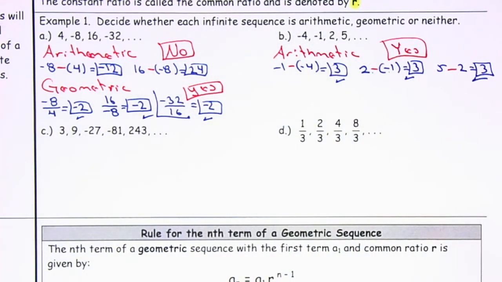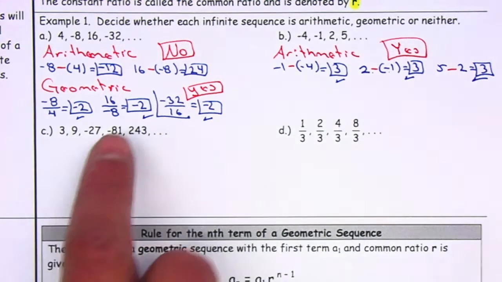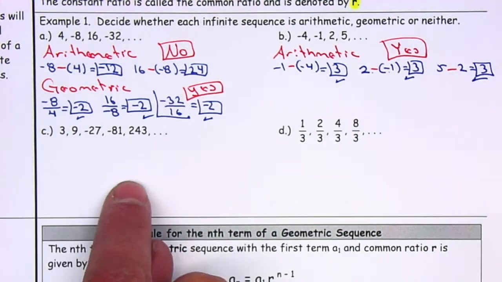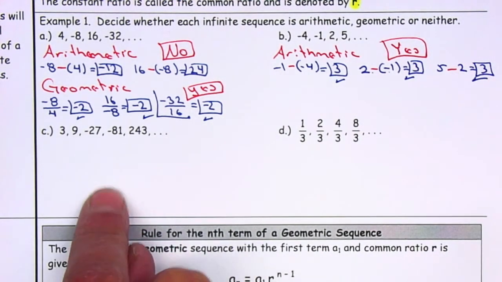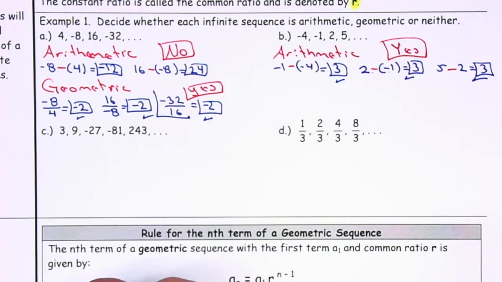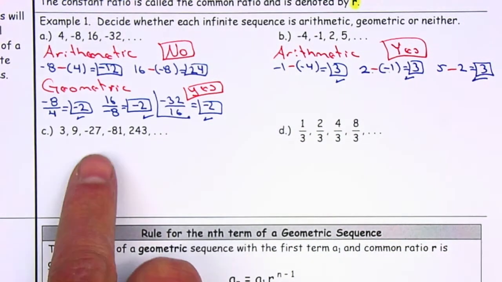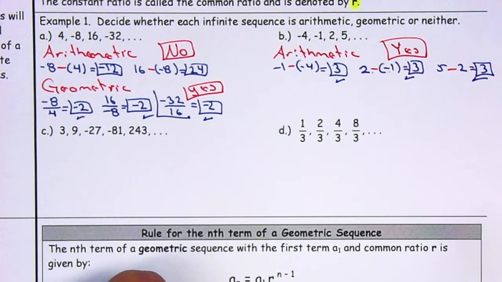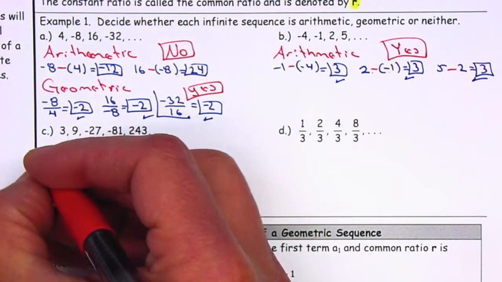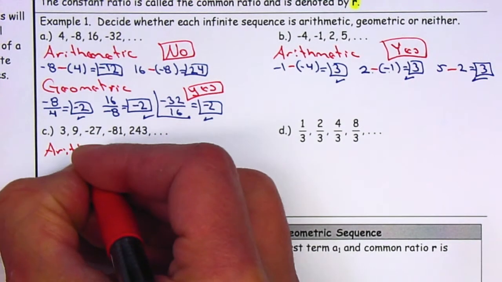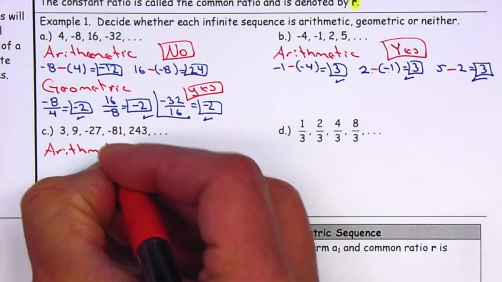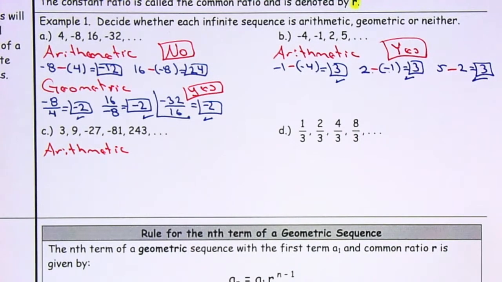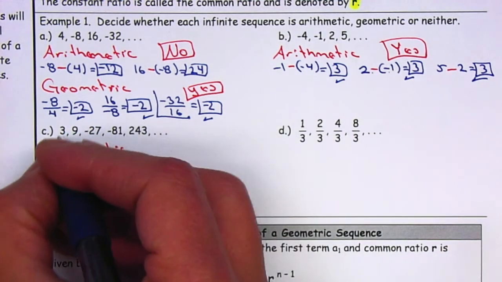Now let's look at letter C. First, find out if it's arithmetic or geometric. Go and try it yourself, pause it, and then we can check our answers. So try letter C by yourself. Pause it. Great. So let's find out if it's arithmetic. To find out, we're going to take the difference of the second one minus the first one.